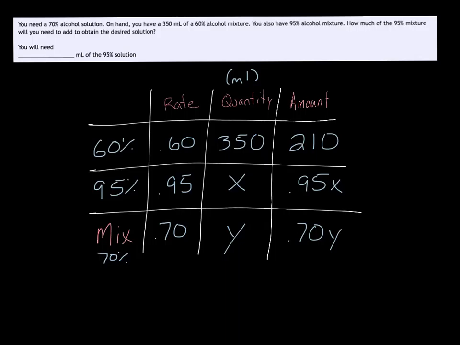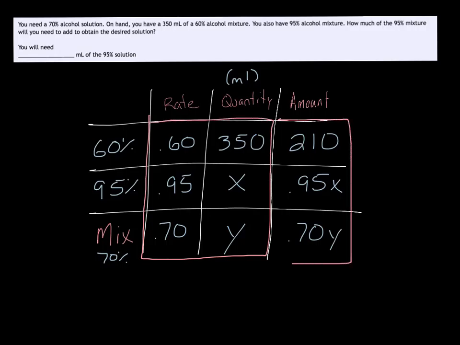There are other ways to solve these mixture problems without using this type of table. All this table does is organize our information and give us exactly what we need to put in for our variables. The beauty of this is if you can fill this table out correctly, and again, we enter all the information we can for the rates and quantities, and then multiply those together to get our amount column.